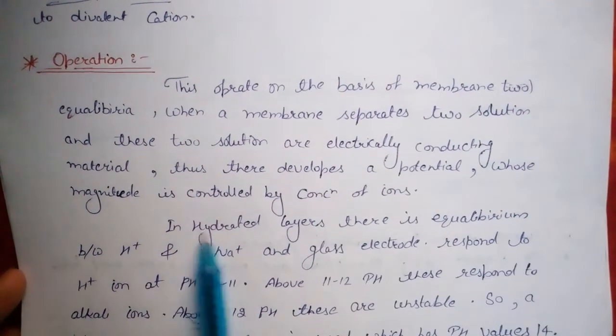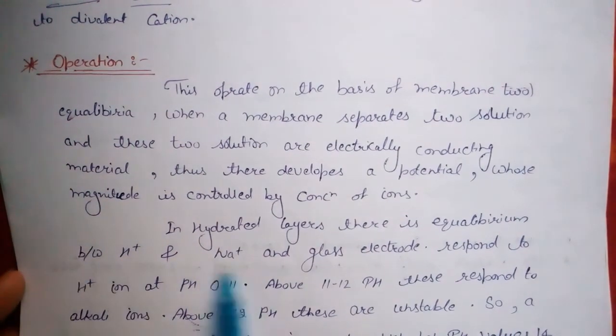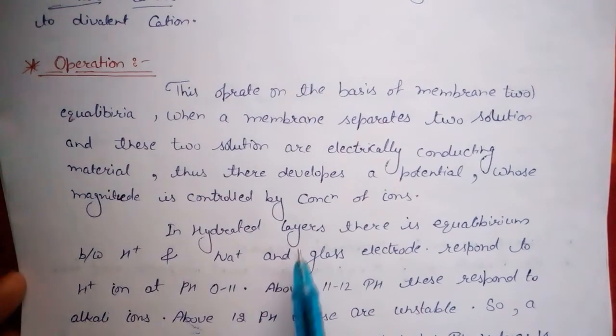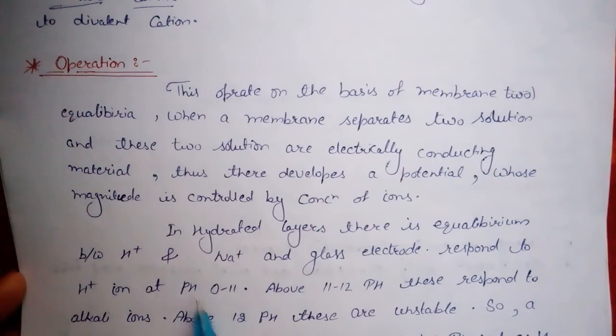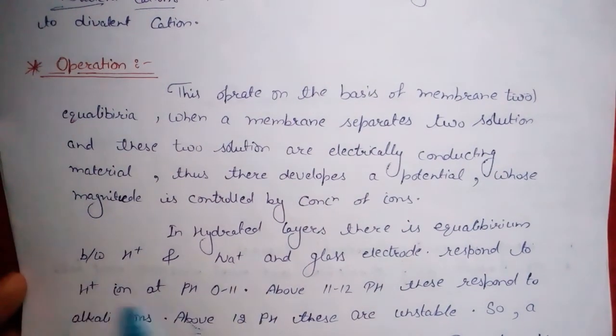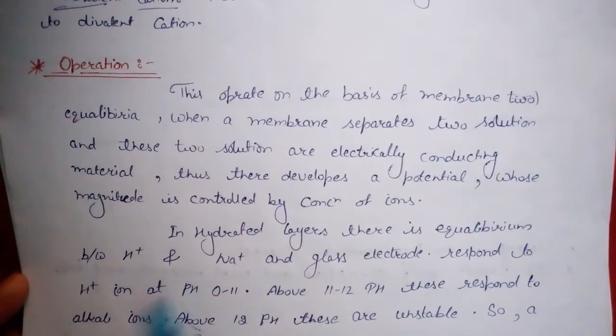Right? In hydrated layer, there is an equilibrium between H+ and Na+. It means hydrogen ion and sodium ion. And the glass electrode responds to H+ ions at pH 0 to 11. It means we are talking about HCl solution. It will give you H+ ion, right?